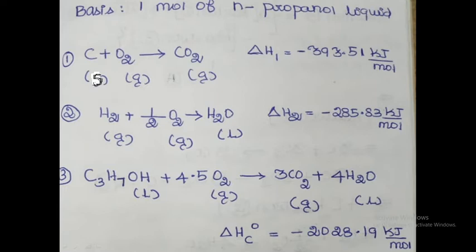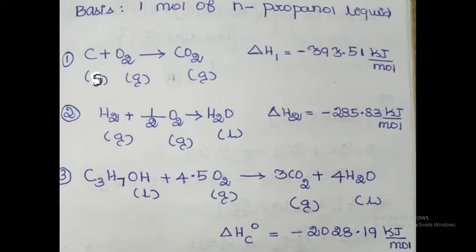Okay. So, the third data given is the standard heat of combustion of N-propanol liquid. So, the combustion reaction based on the given data: C3H7OH, this is the N-propanol chemical formula. This reacts with oxygen to produce carbon dioxide and water. Stoichiometric reaction means correctly balanced reaction.